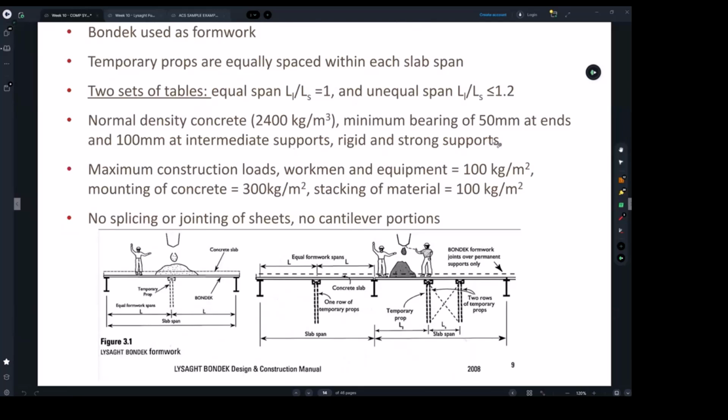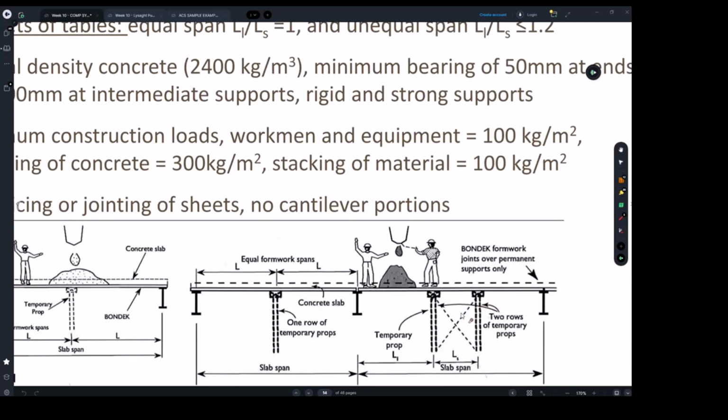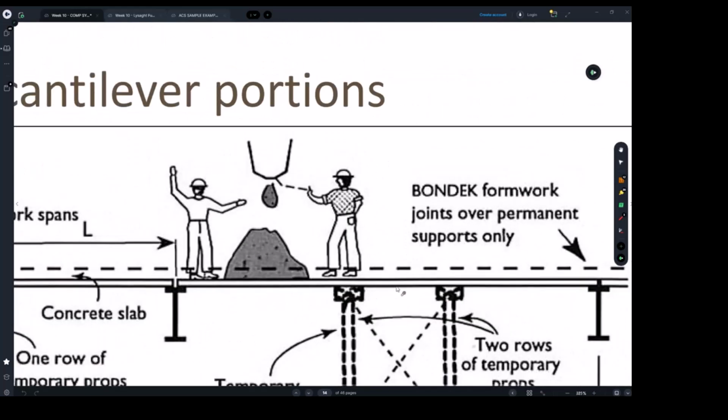Another point here is 100 millimeters intermediate. If you have your bonding continued over a steel beam, you need to make sure the width of the top flange is more than 100 millimeters. So if your slab is running over the intermediate bearing, this has to be a minimum of 100 millimeters.